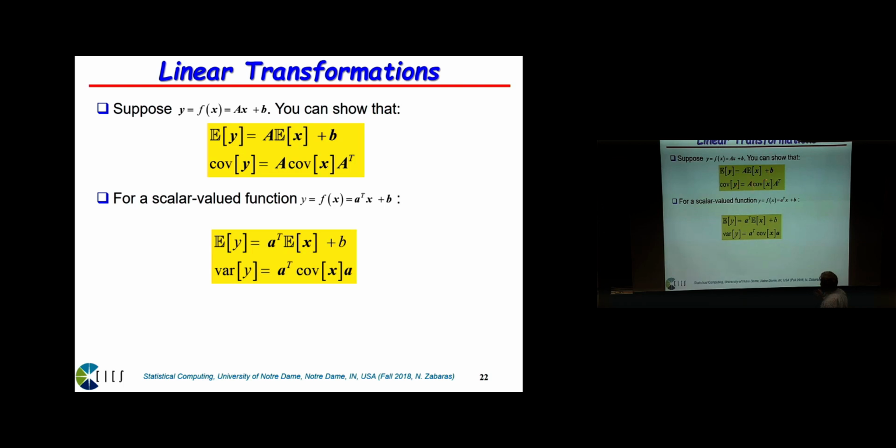But what I want you to remember, because you'll be using this often, is that the covariance of y involves A and A transpose. So it's A covariance of x, A transpose. If you don't believe that that's the case, please use the definition for covariance of y, plug in this, and you will immediately come up with that result. So remember, A transpose, if the relation is linear. I am going to use this all the time, okay?